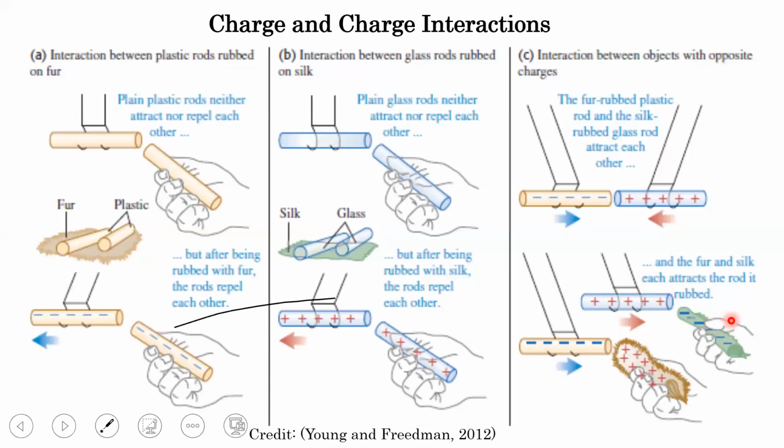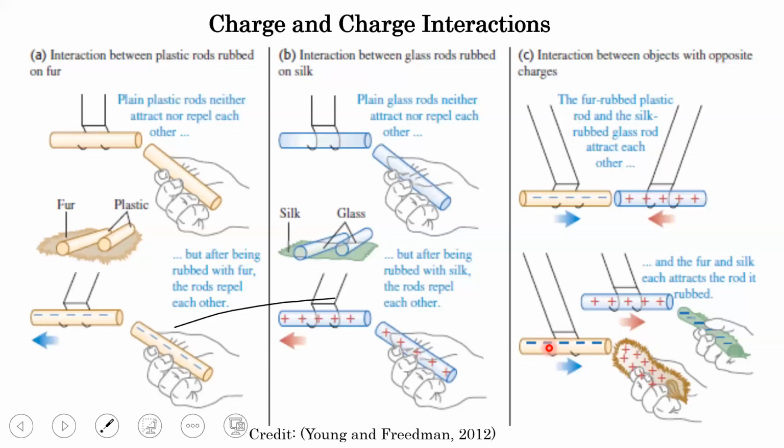They will also attract. And in the last diagram, which is synonymous to the first diagram, the wool, which was used to rub the plastic rods, is now positive, because it has lost its electrons to the plastic rods.